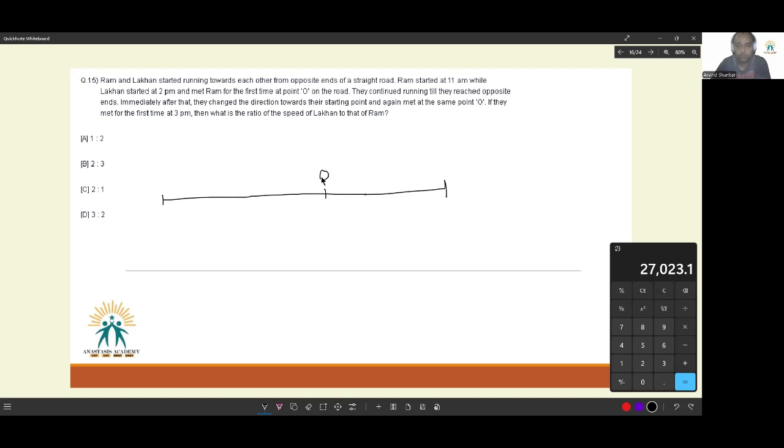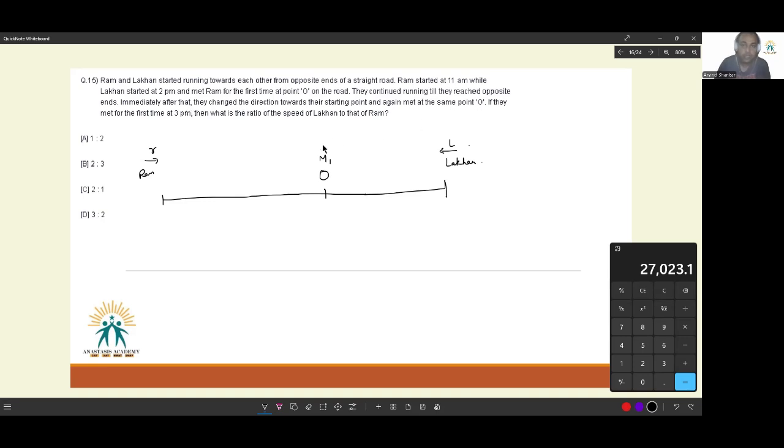This is point O. Ram started from here. Lakhan started from here. If speed of Ram is R and speed of Lakhan is L, Ram started at 11 a.m. while Lakhan started at 2 p.m. They continued running till they met at O. This is the first meeting point.